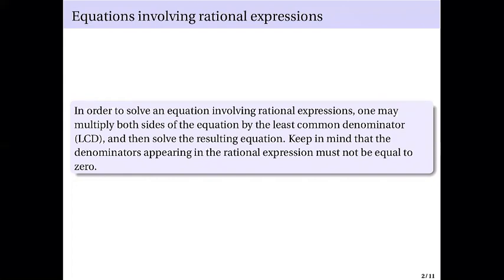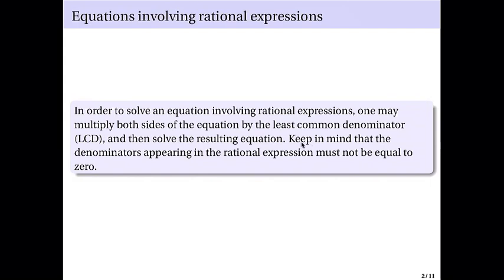They will be canceled by some or all of the factors in the LCD. Eventually, at least for our course, you will get a linear equation, a quadratic equation, or at most a cubic equation.